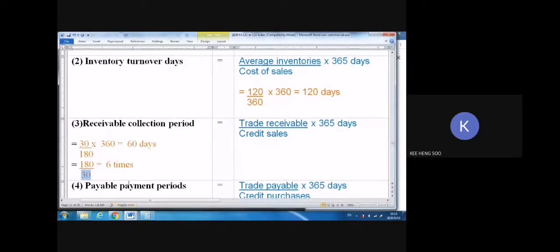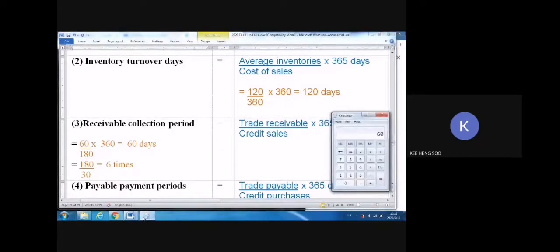So I use my trade receivable closing balance divided by total credit sales. You got it? So now I change the other way around. If I change this one to 60, what will be your answer? 60 times 360, then divided by 180.